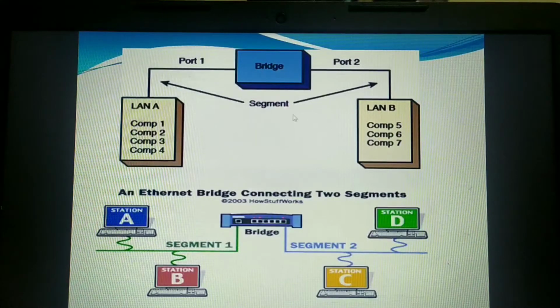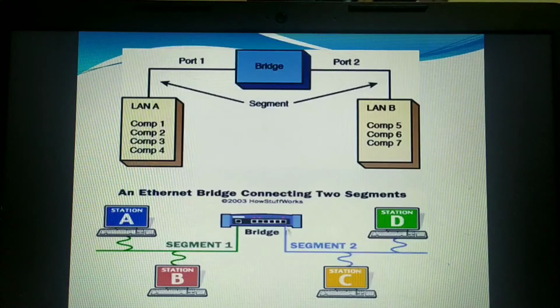Actually it is one large network with a capacity of 7 computers, or 7 nodes. Sometimes it is necessary to divide networks into subnets to reduce the amount of traffic on the large network. Once the network has been divided, the bridge is the device that connects the two subnets and manages the traffic flow between them.